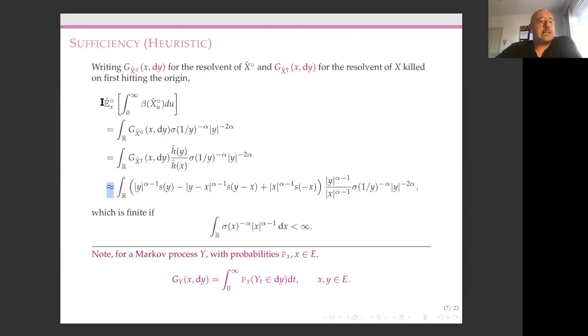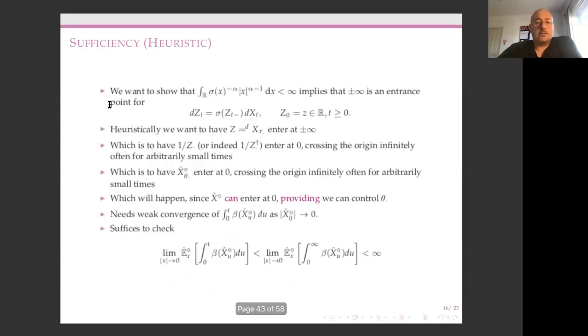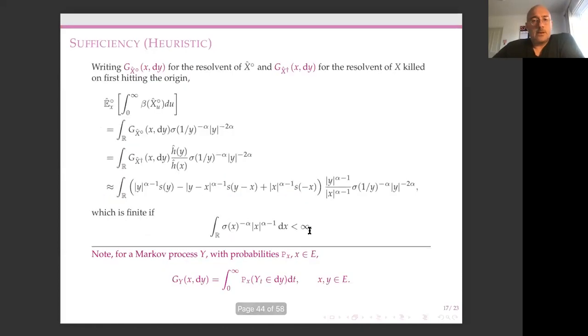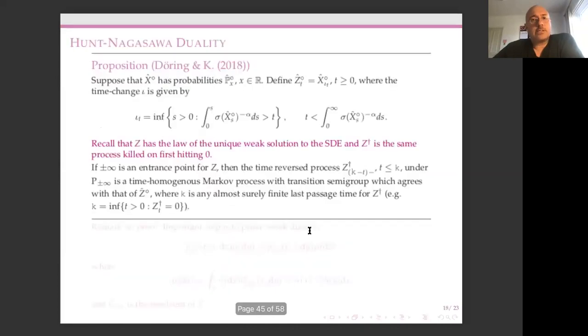Okay, which is exactly controlling this expectation, which is exactly controlling the weak convergence of this functional, which is exactly controlling the time change, which is exactly controlling this guy being able to enter at 0, which is exactly controlling 1 over the solution of this SDE entering at plus minus infinity. Okay, so I've done one direction, I've done a sufficient direction.